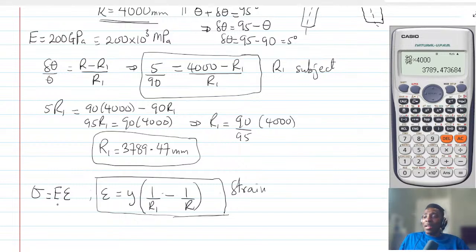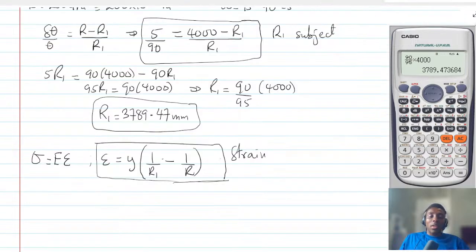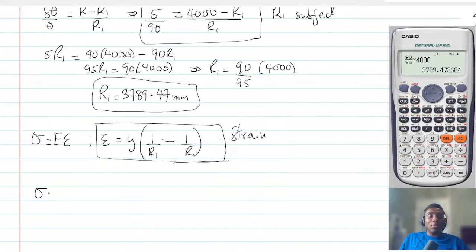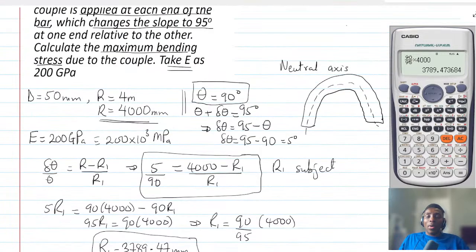But if you multiply the strain with the Young's modulus, then you get the stress. So if you want to get the stress, it's going to be 200 times 10 to the power 3, which is the Young's modulus, by the y. So let me teach you the y. The y is like the fiber distance.